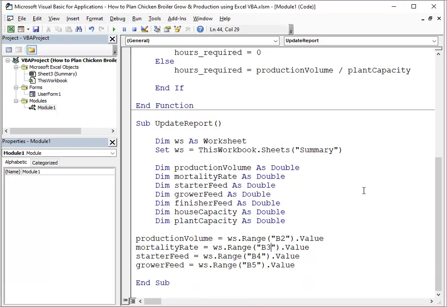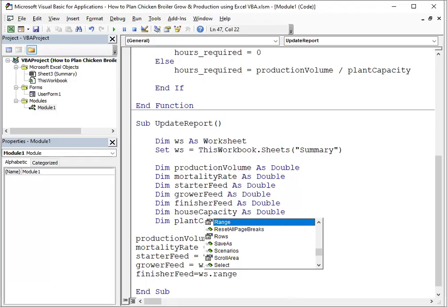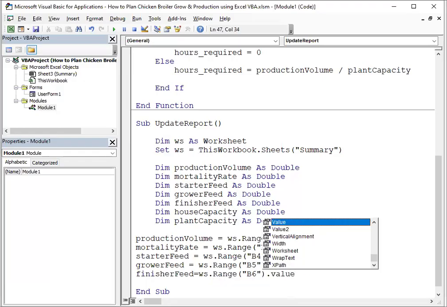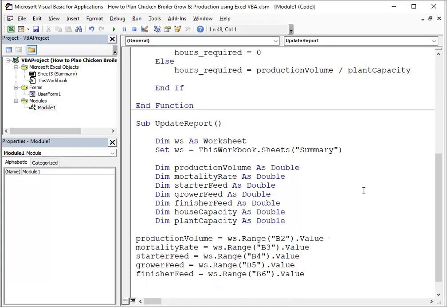B2, B3, B4, B5. Then the next one will be B6, which is the finisher feed. Finisher feed equals ws range B6, that value. The next one would be the house capacity.